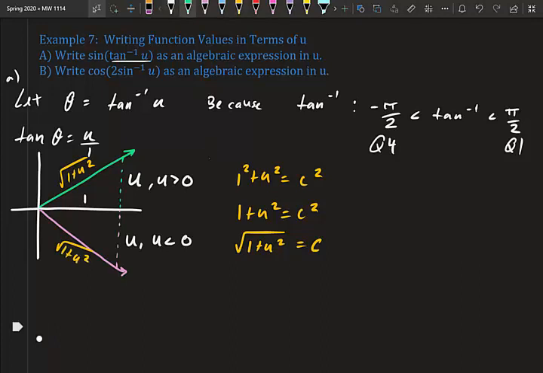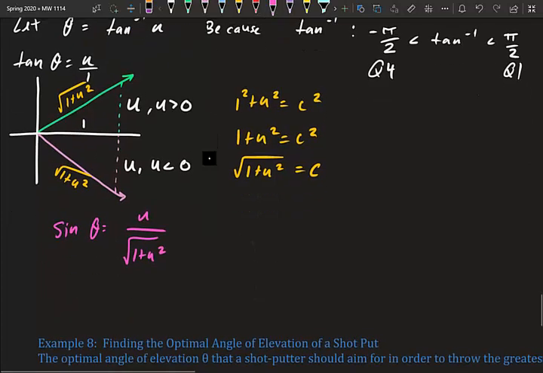So now let's find the sine of this function. So we want to find sine theta. So we have opposite, which is u, over hypotenuse, which is the square root of 1 plus u squared. Let's simplify this.